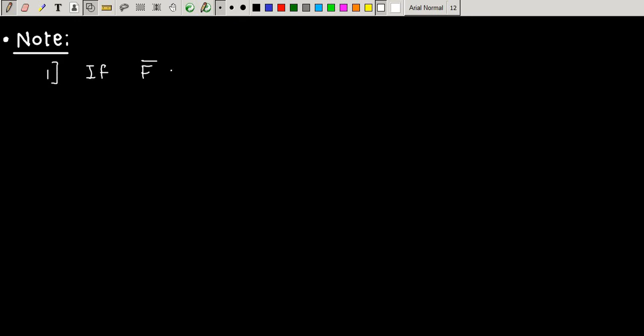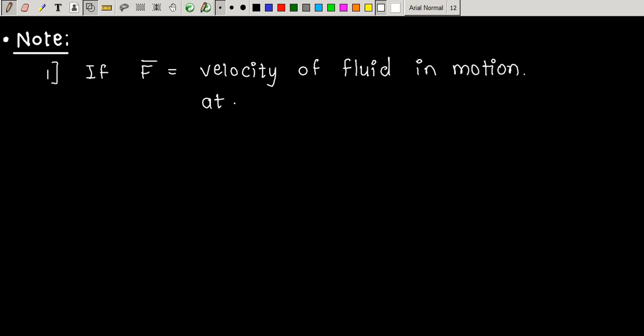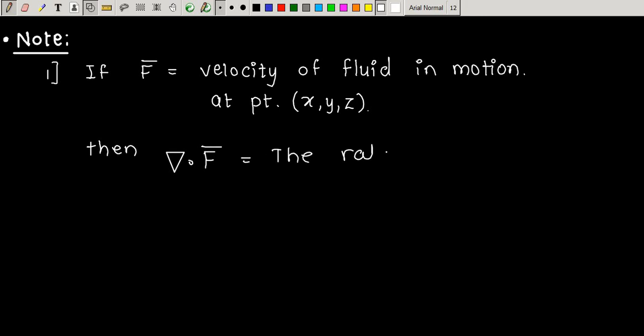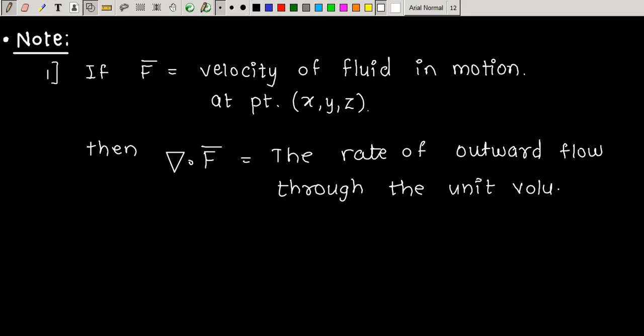If f bar is a vector point function which represents the velocity of a fluid in motion at point x, y, z, then the divergence of f bar will represent the rate of outward flow through the unit volume. So this is a scalar quantity.